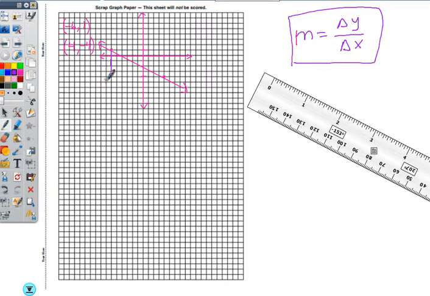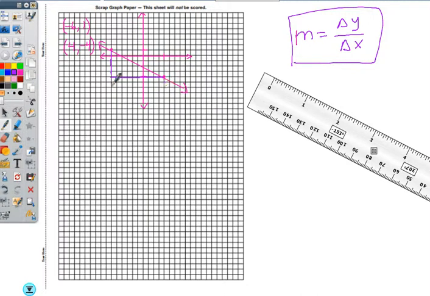I'd move down 1, 2, 3, 4, 5 spaces. And I'm going to the right 1, 2, 3, 4, 5, 6, 7, 8, 9, 10 spaces.